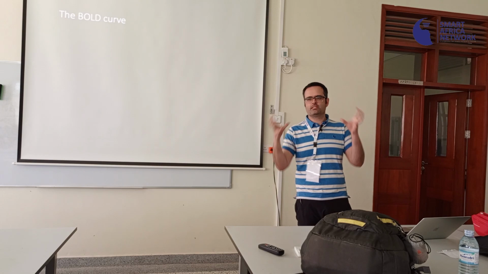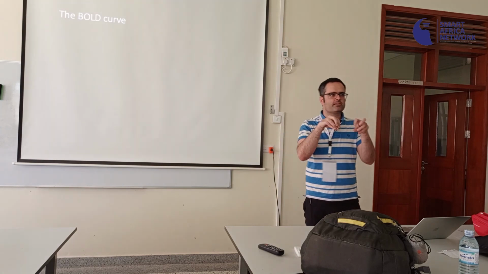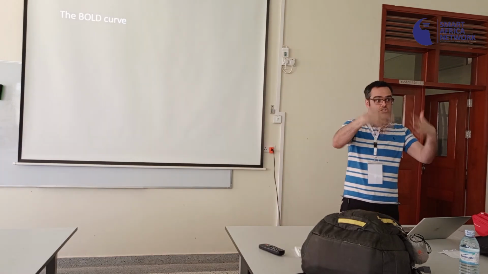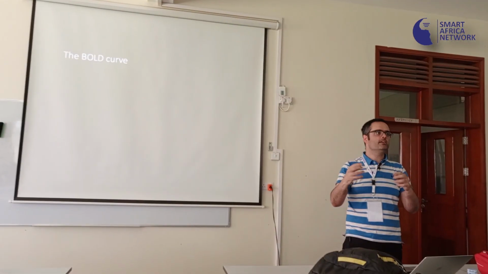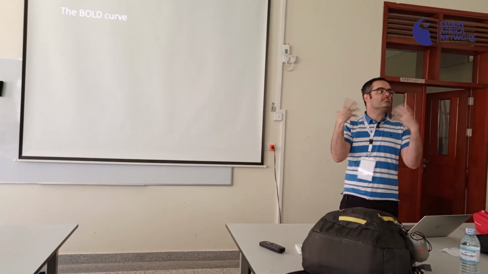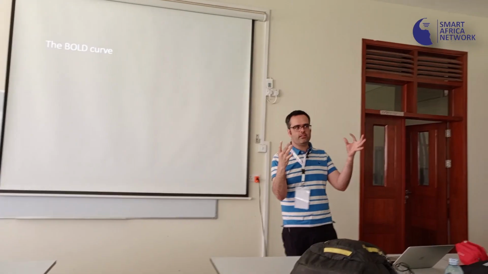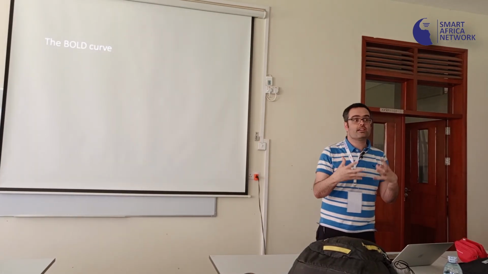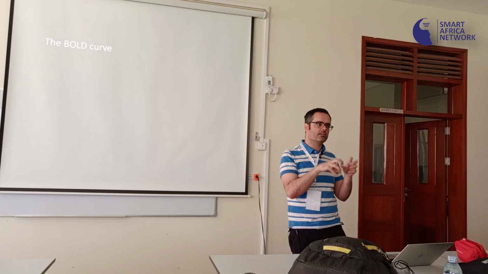It only sends blood to the specific parts that it's using currently. So if you're looking at a flashing checkerboard or a flashing light, the blood increases in the back of your brain, your occipital lobe, where you see with. When you move your hands, the blood moves towards your motor cortex mostly. And this allows us to study specific parts of the brain.